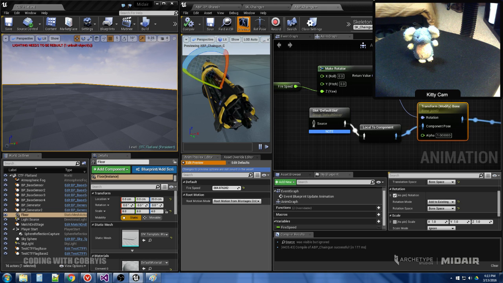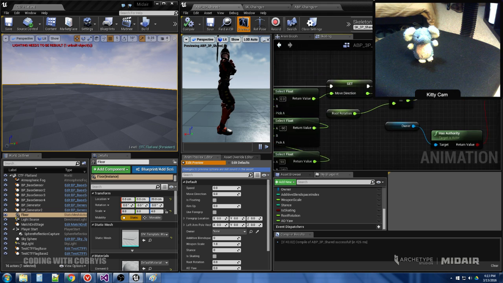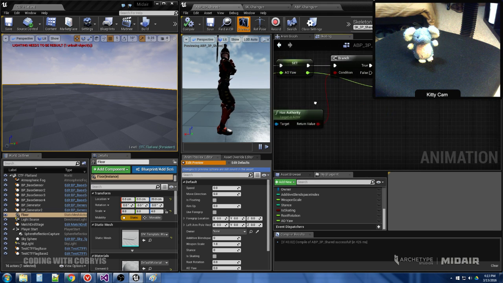Alright. So it spins. I have to do a little more work. I was just showing that it can spin and I almost have it in place. But let's get back to what I was focused on before I got sidetracked.